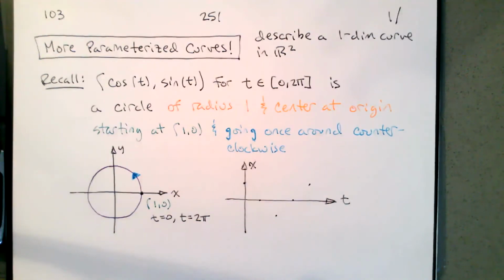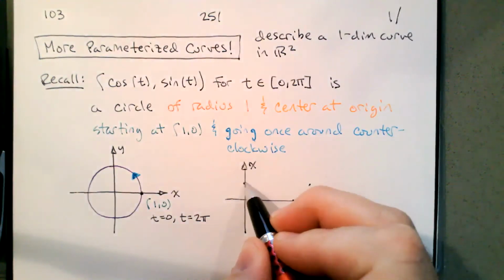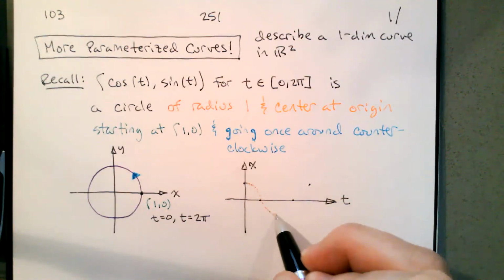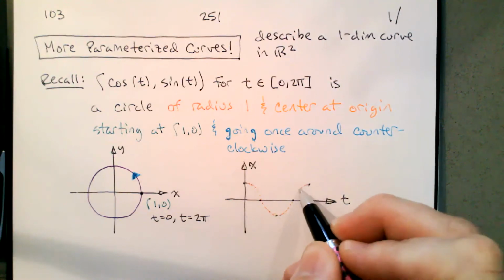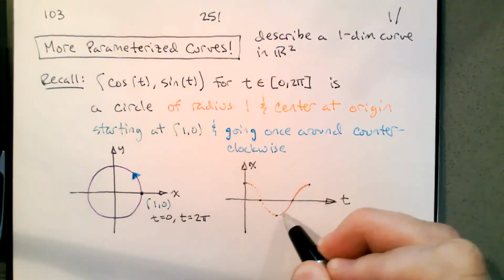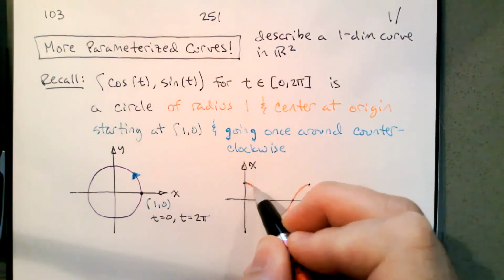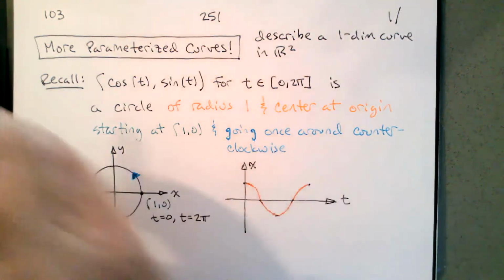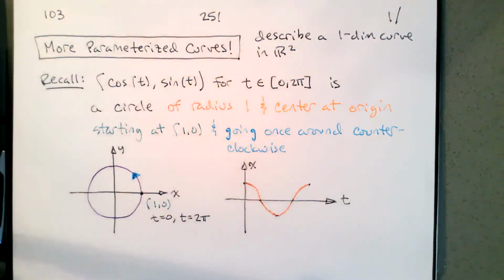So let's take a look at the graph of cosine. Cosine starts off at 1, drops down to 0, then drops down to -1, back up to 0, and then back up to 1. So here's what the graph of cosine looks like. And this is what the x coordinates are doing in our graph.